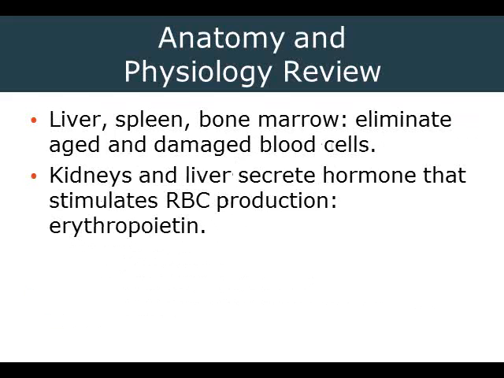All right, so the liver, the spleen, and the bone marrow are all responsible for the maintenance of our blood. They'll clean out the old cells, the damaged cells, and get those dumped so they can either be recycled, in the case of platelets being recycled from red blood cells, or they're just eliminated altogether through the various processes in the body.